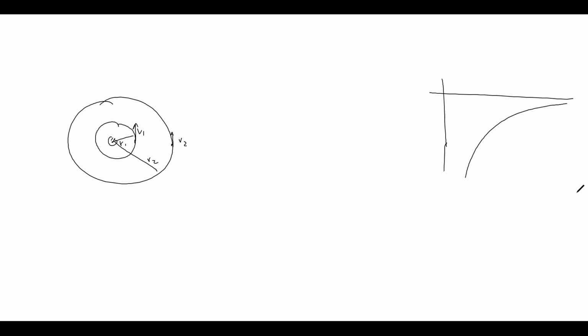It doesn't actually go to negative infinity, because there's some point where you hit the radius of the planet itself, and the potential energy changes after that. But if we're farther out, R1, R2, then this is a graph of total energy for an orbiting object.